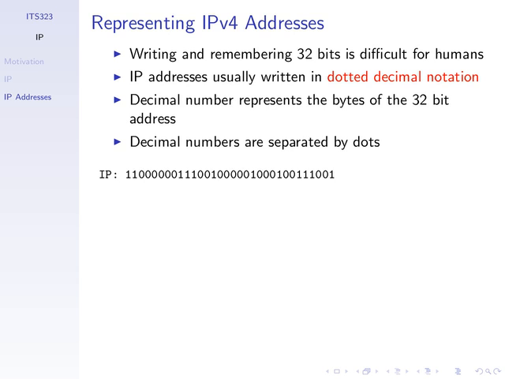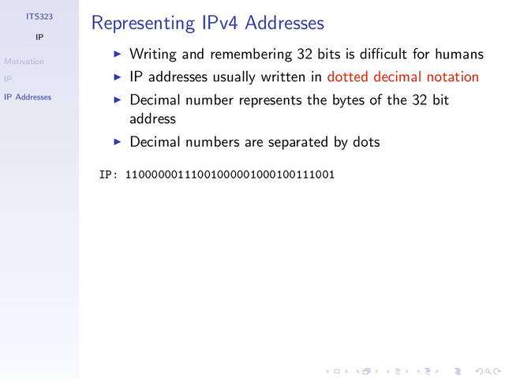Here's a 32-bit address. We want to convert it into a notation that is easier to write and read for us humans. The approach is that we divide this 32 bits into 4 8-bit values and then convert each 8-bit value into a decimal number.